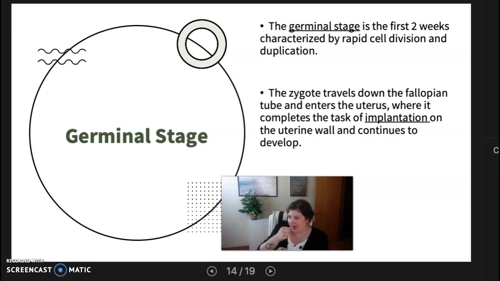I think I wrote it down so I said the right statistic: only 10 to 20% of the zygotes actually implant. So most never make it to the implantation stage and continue to develop past that point.